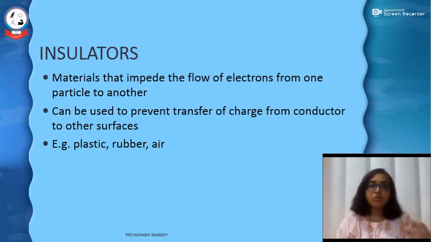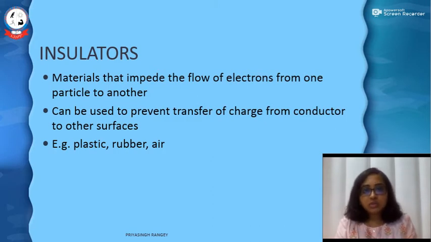If we do not want the charge to flow from the conductor into its vicinity, where any other conducting material may be lying nearby, then we can use an insulating material around that conductor. So we can reduce the flow of charge to another conducting material. There are various types of insulators like plastic, rubber, air, etc.